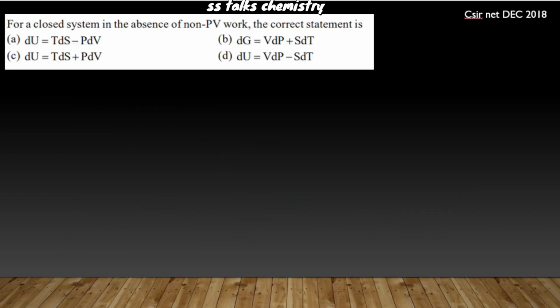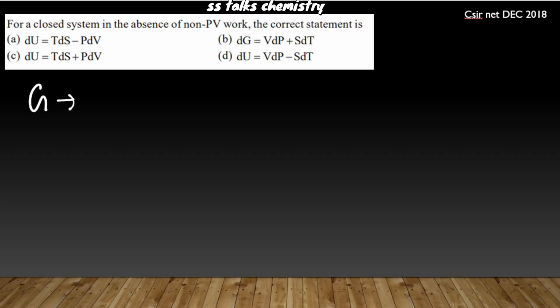It says, for a closed system in the absence of non-PV work. So what is the difference between PV and non-PV work? PV work we say is the maximum amount of useful work that you obtain, and that is given by the Gibbs free energy.